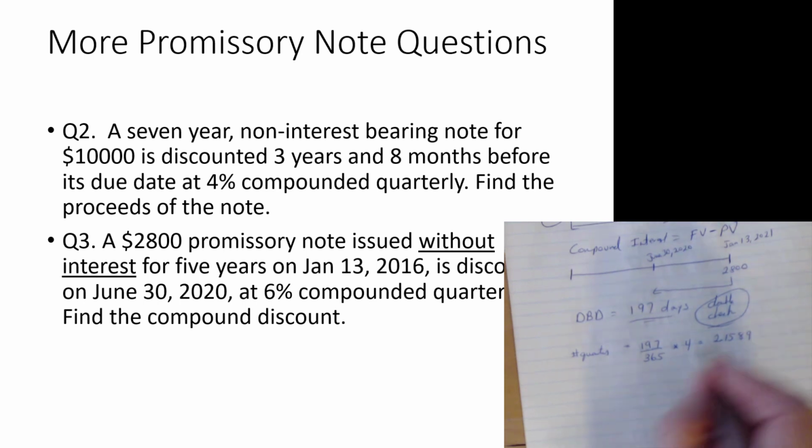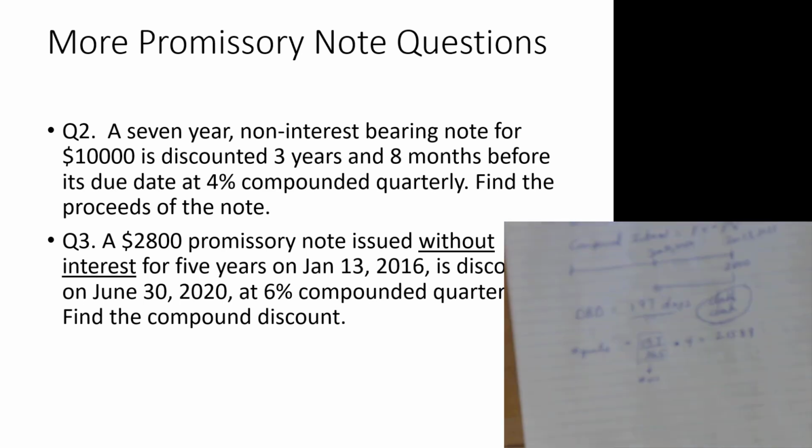All I did here is find the fraction of a year, which is like finding the number of years, and I multiplied it by 4 because there are 4 quarters in a year. It just happens that this was a fraction of a year, but that's okay. Whether it's a 1, a 2, or a point something, it's still the number of years. It can be less than a year. It could be 3/4 of a year, half a year, a quarter of a year, and so on. Multiplied by the number of quarters per year, I get the number of quarters in total.